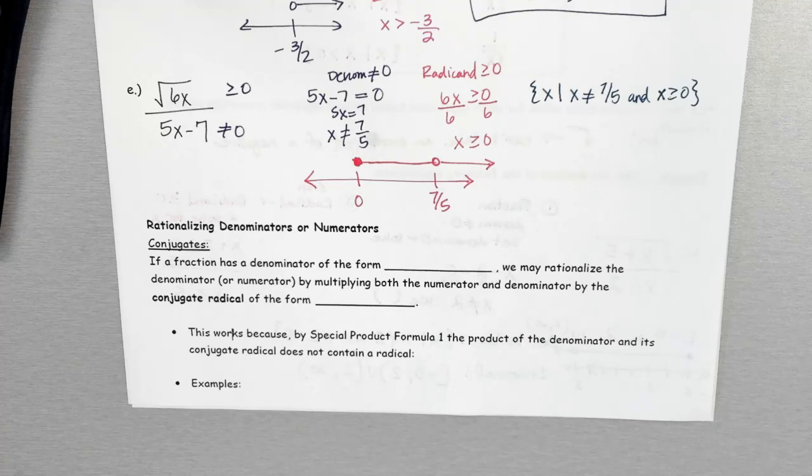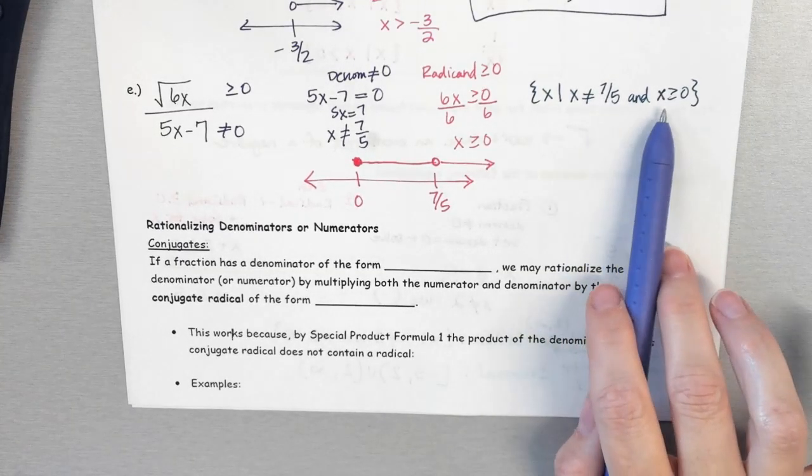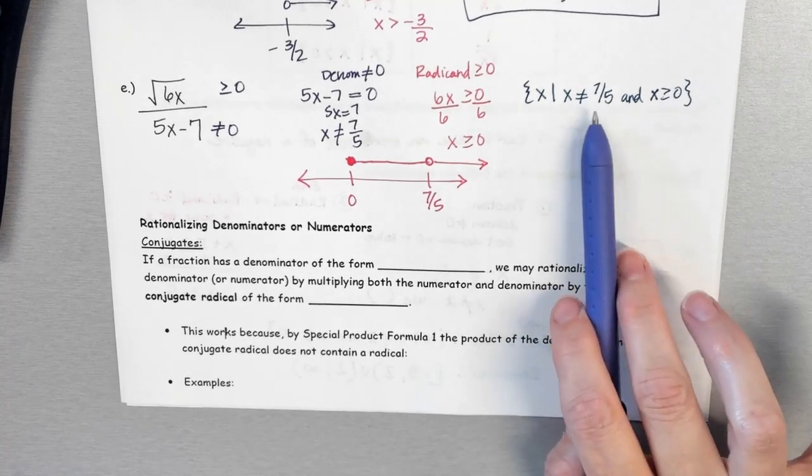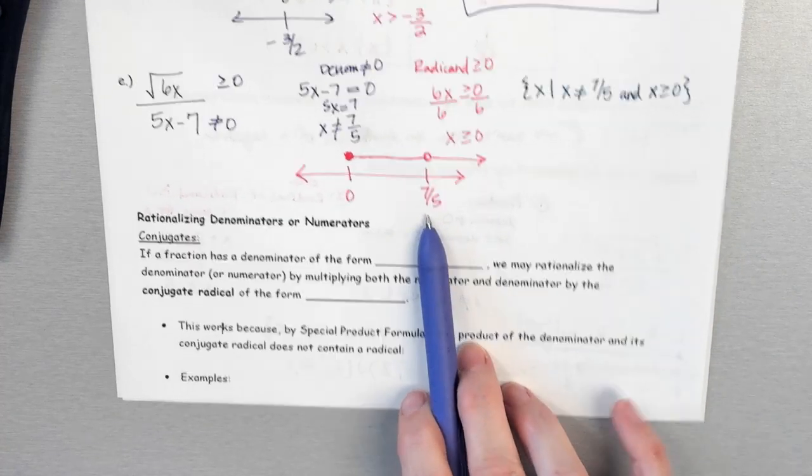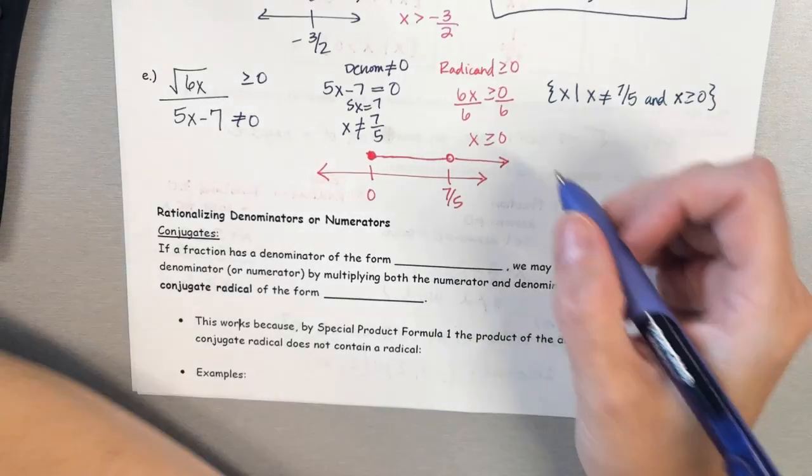When you're doing the set builder, it doesn't matter to me which of these you say first, especially in a case like this. Sometimes I would say this first just because that comes second on the number line. So either way is fine.